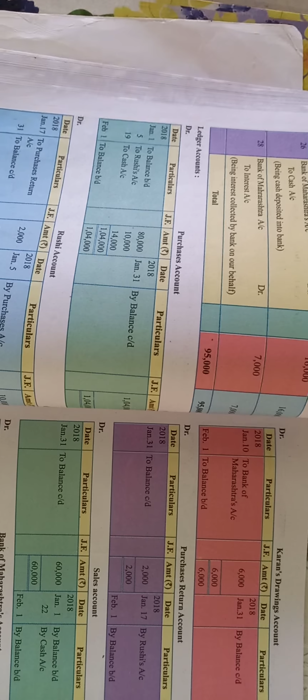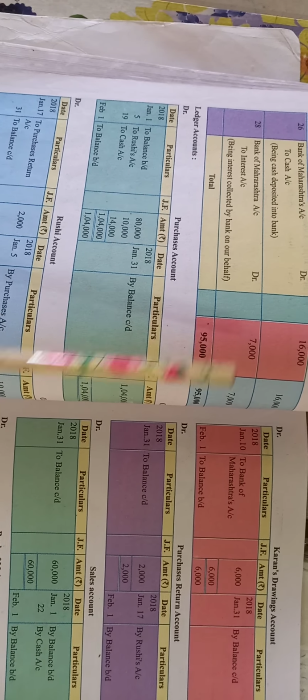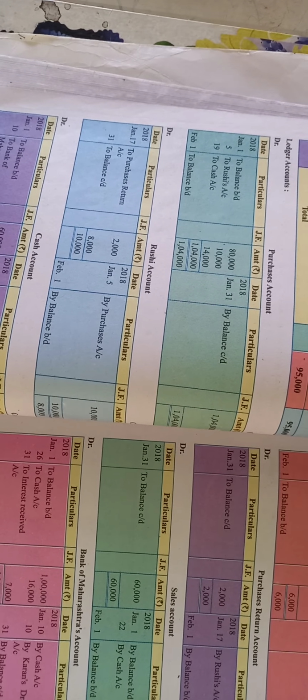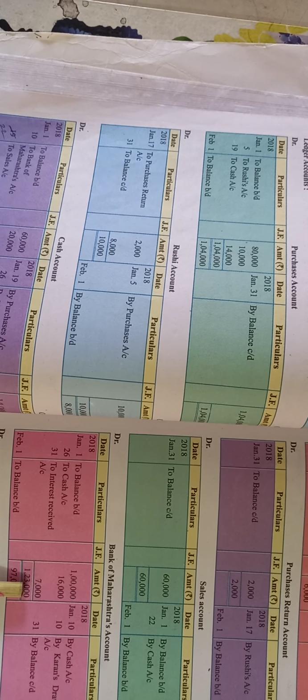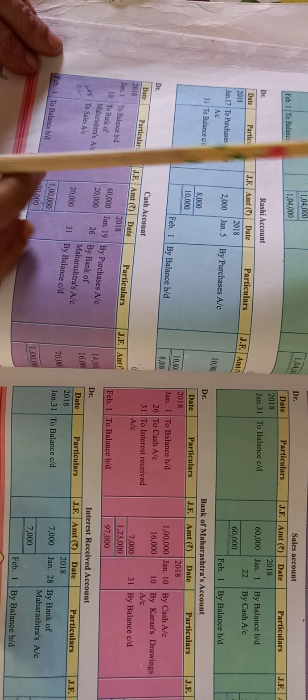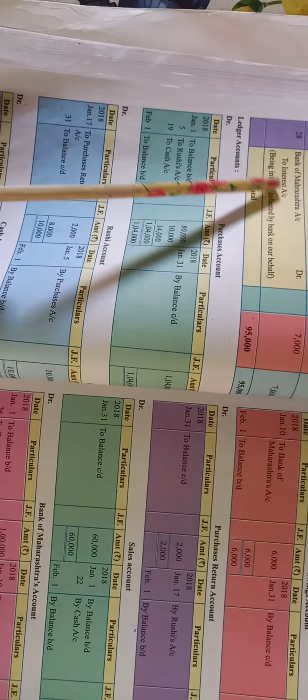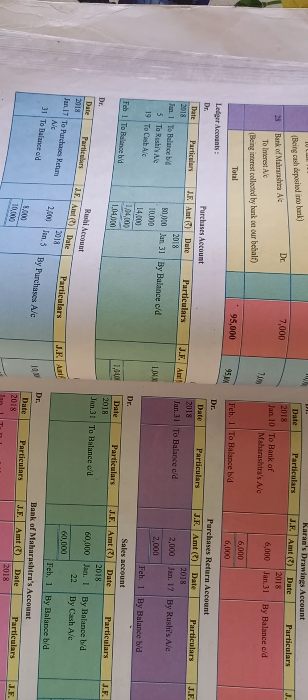Okay, afterwards the last journal entry: Bank of Maharashtra account debit to interest account credit. See, Bank of Maharashtra debit. So on the debit side we are recording to interest received account 7,000. Okay, to interest received account debit 7,000. And we have to open another account, that is interest received account. In that journal entry, interest is on the credit side, interest received account credit 7,000.